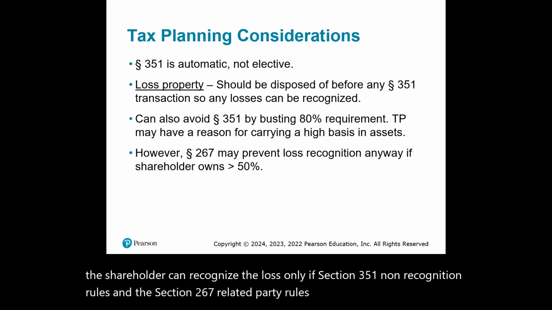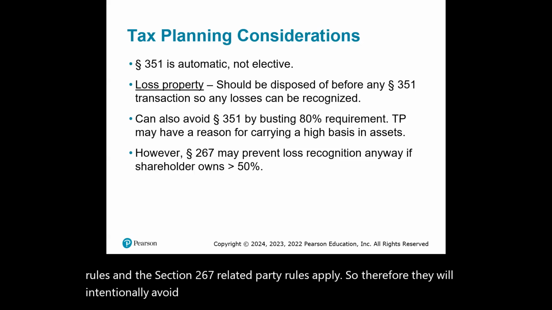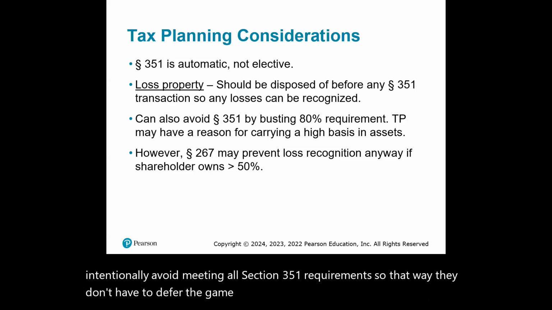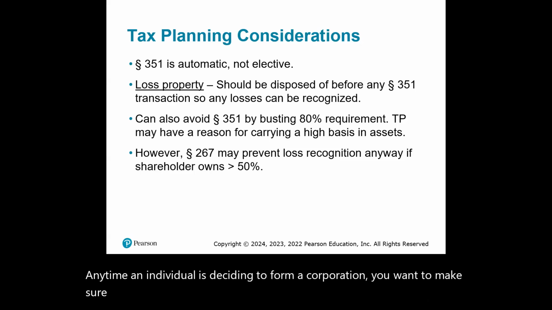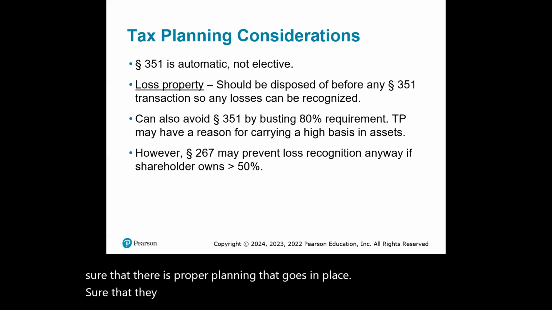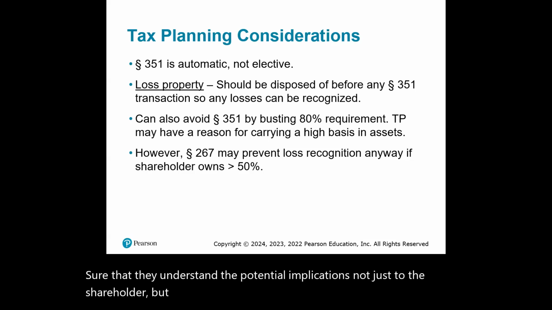So they will intentionally avoid meeting all Section 351 requirements so that they don't have to defer the gain or the loss. Again, anytime an individual is deciding to form a corporation, you want to make sure that proper planning is in place to ensure they understand the potential implications, not just to the shareholder, but also to the newly formed corporation.